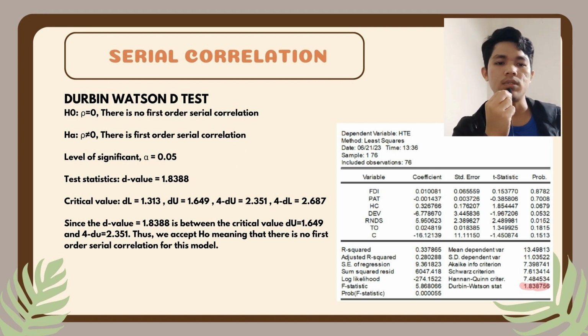Since the d value 1.8388 is in between the critical values dU and 4 minus dU, which is in between 1.649 and 2.351, we accept the H null. Therefore, there is no first order correlation for our model.